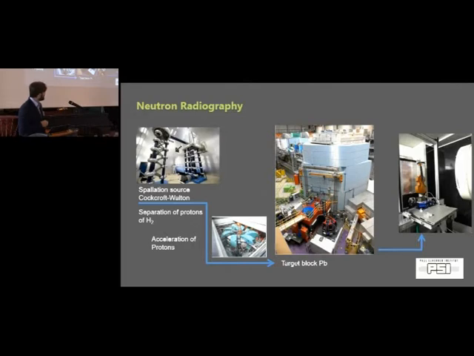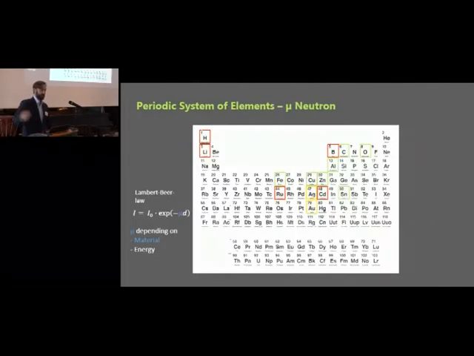You have a detector, you have the source here where the neutrons come out, and you have the instrument in between, and you have also Lambert-Beer's law, but in this case, the neutrons are interacting with the core of the atom and not with the shell. So the rules are a bit different, and so hydrogen is a bit problematic. So water could be a problem in an object, but iron and copper are very good to irradiate.